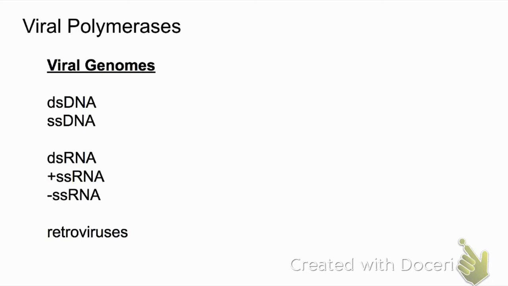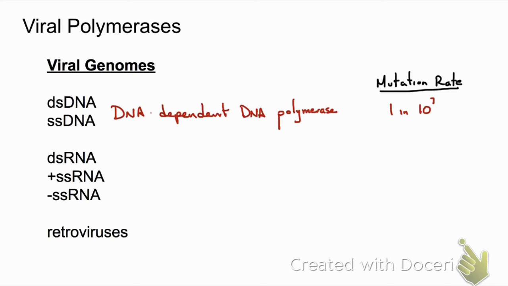And some of them even take RNA and convert it into DNA during their life cycle. And so for each of these viruses then, they're going to require a different polymerase to make copies of those genomes.